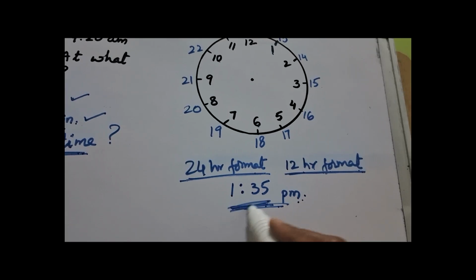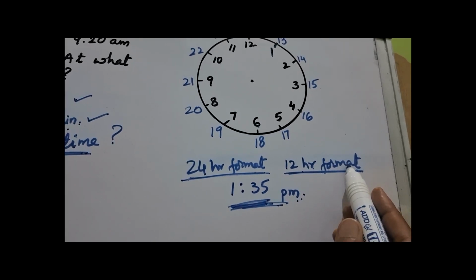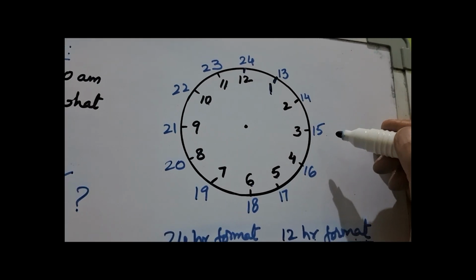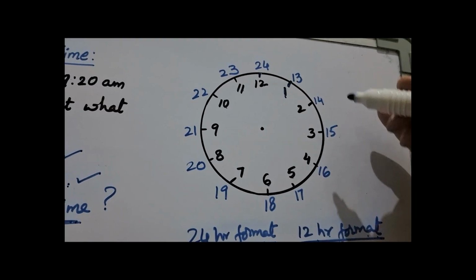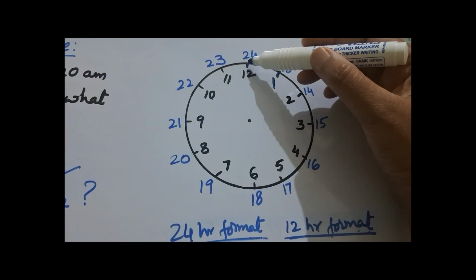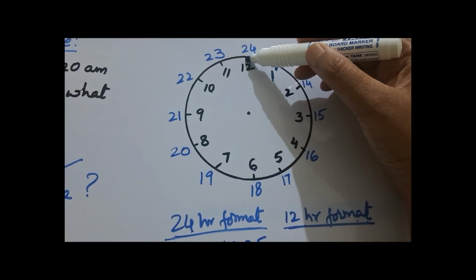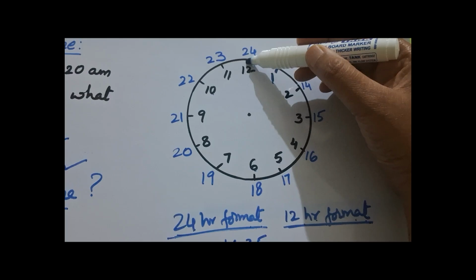Okay, this is in 12-hour format. We'll understand this one, children. See, here we have a clock. Now at midnight, 12 will be 0, children. The hours will be 0.